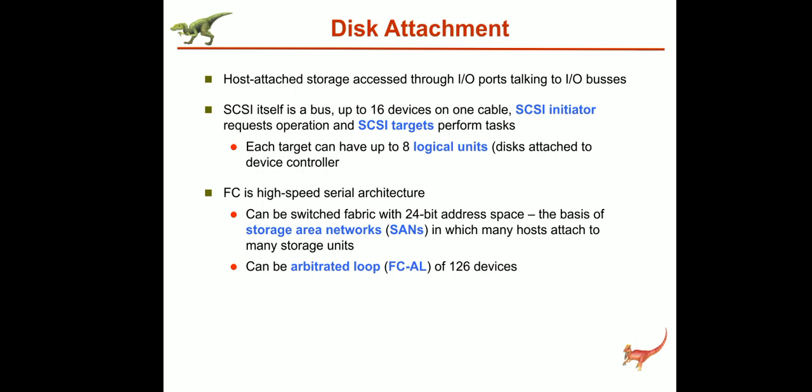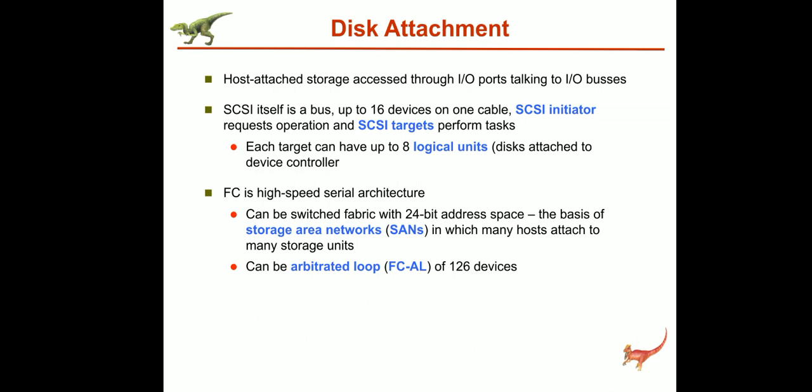And because of its large address space, multiple hosts and storage devices can attach to the fabric. So since it has a very huge address space, a huge number of hosts and storage devices can be attached to the fabric. And the second variant of FC is arbitrated loop.